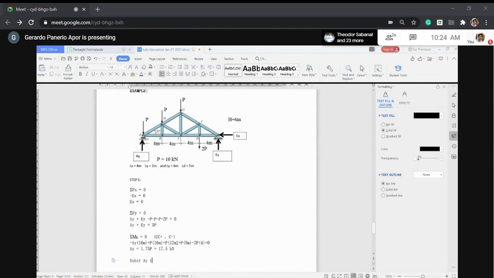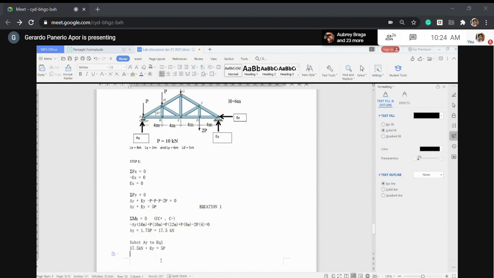And then we substitute AY to the first equation. We use this as equation 1. So you have 17.5 plus EY is equal to 5P.